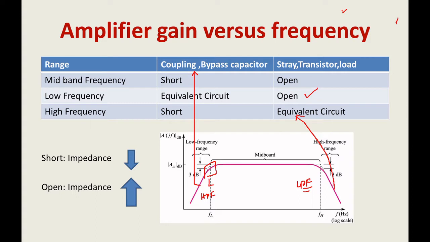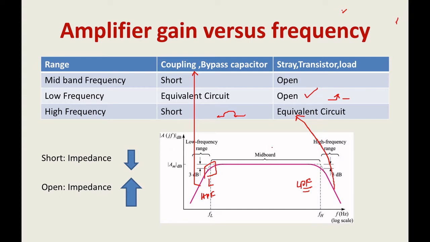So what's happening when it is working in the higher frequency? There is a limitation because of the stray and load capacitance. But the coupling and bypass capacitors will act as a short circuit. That is very interesting. But in the low frequency part, the stray and transistor load capacitance will act as an open circuit, and only the coupling and bypass will be considered in the model.